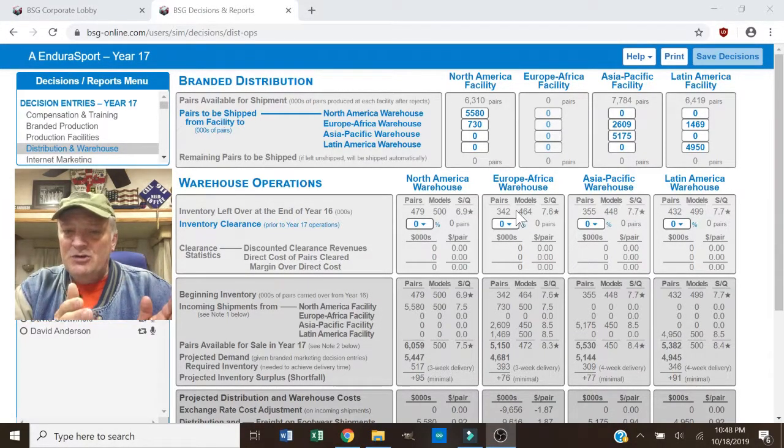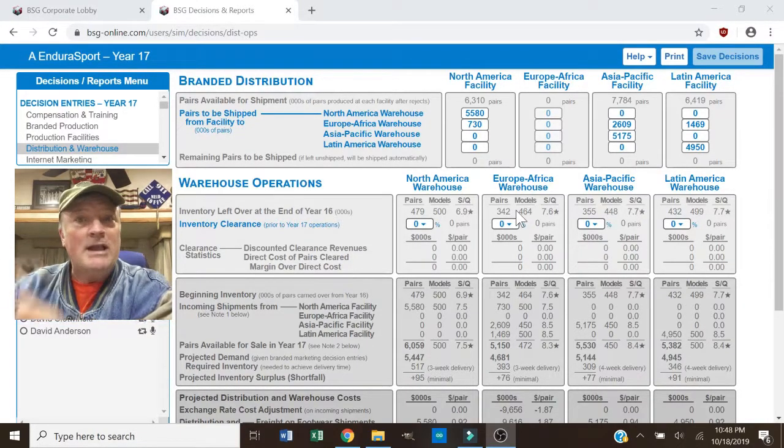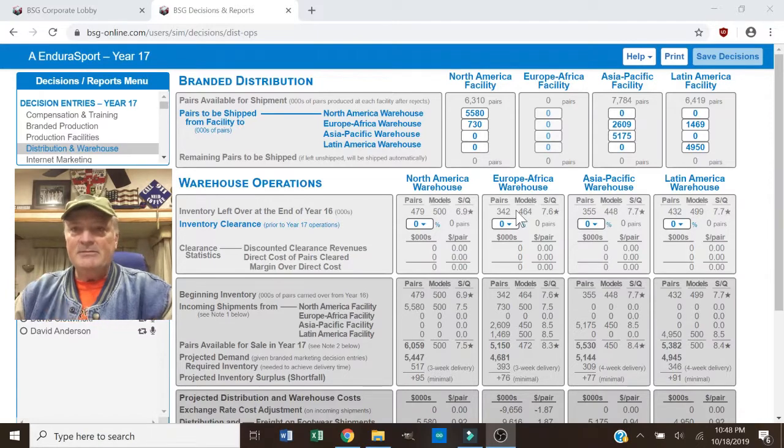So if you're at a 2, my 479 might be 600 shoes, because it requires that many to be in the warehouse so that it's a very quick delivery. You understand what I'm saying?